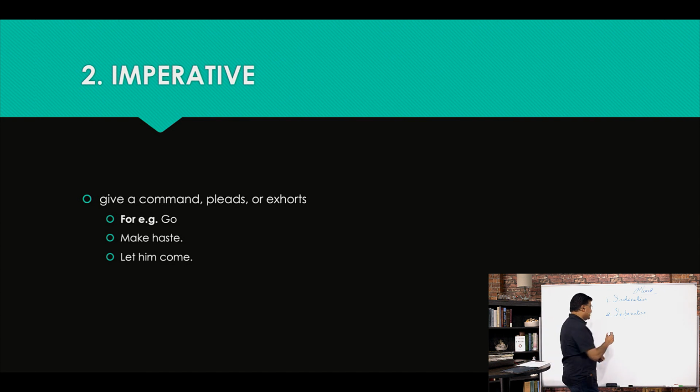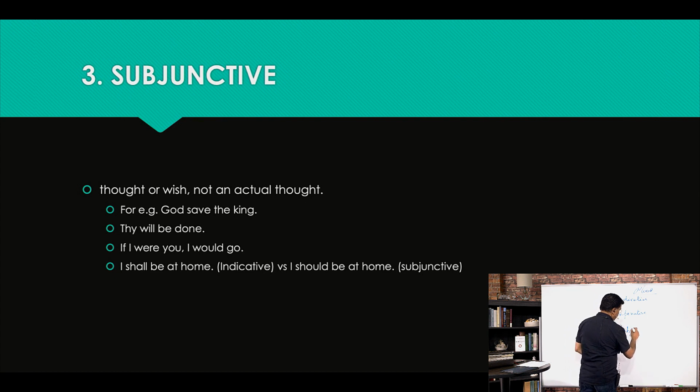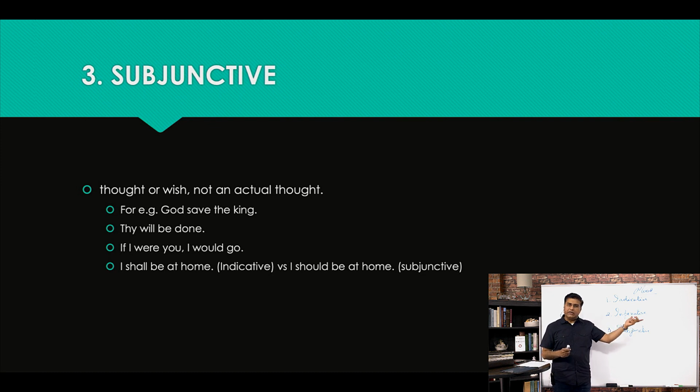The third one is what's known as the subjunctive. The subjunctive mood. What is a subjunctive mood? It's a thought or a wish. It's not a direct statement. It's not a command or a plea. But it's a wish. It hasn't actually happened. It's wishful thinking.